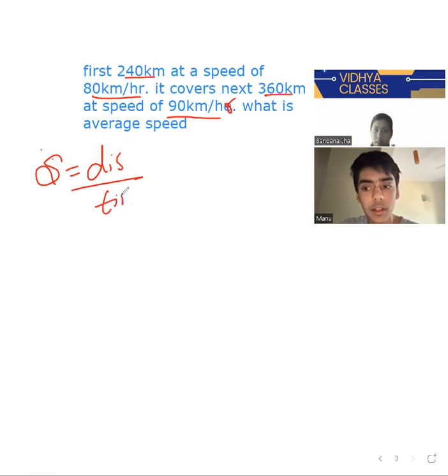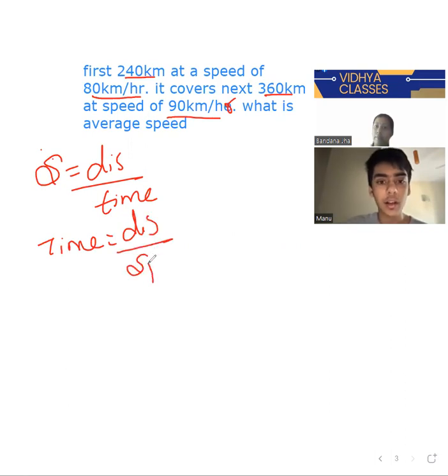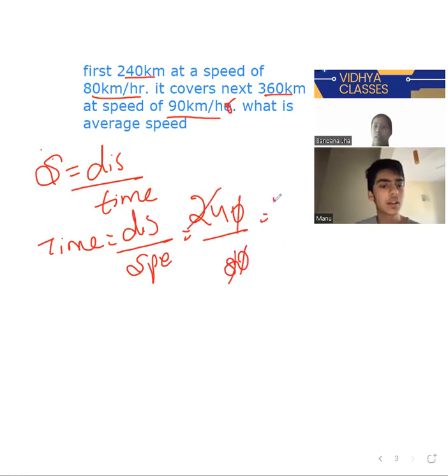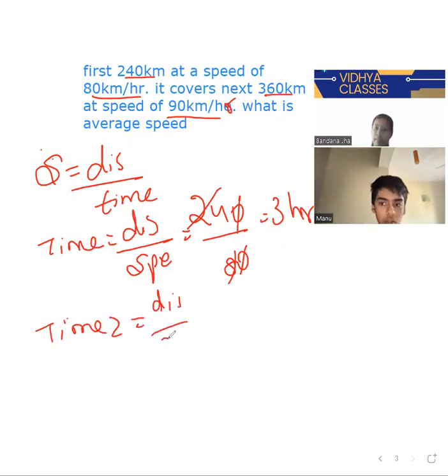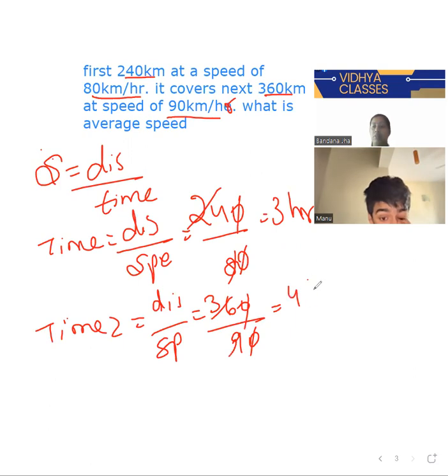So I found that they traveled 240 kilometers in 3 hours. And then the next one, 360 divided by 90 equals 4. Correct. So 360 divided by 90 is equal to 4 hour.